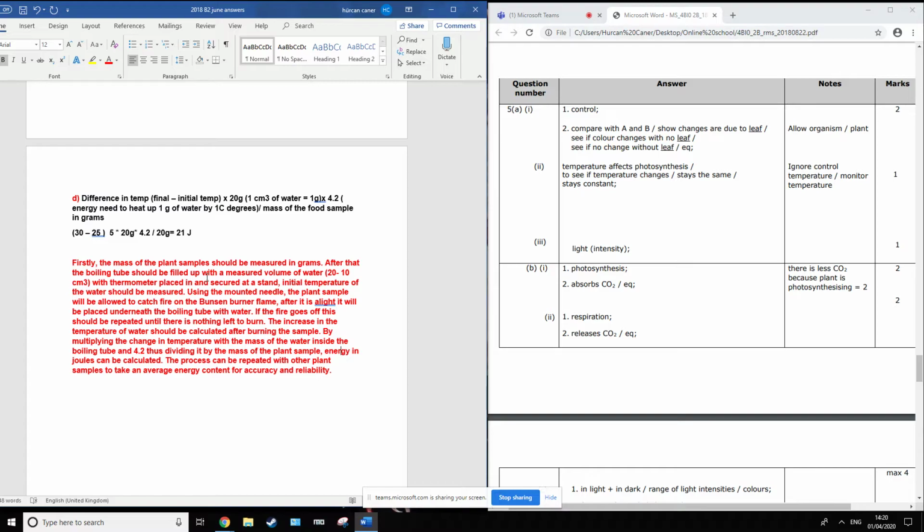Its only purpose is control. To see if any effect is actually caused by the leaf, not just the air. Does that make sense? Yes. So if you have no leaf, you can see maybe the color is gonna change on its own. You don't know. So it's to control.